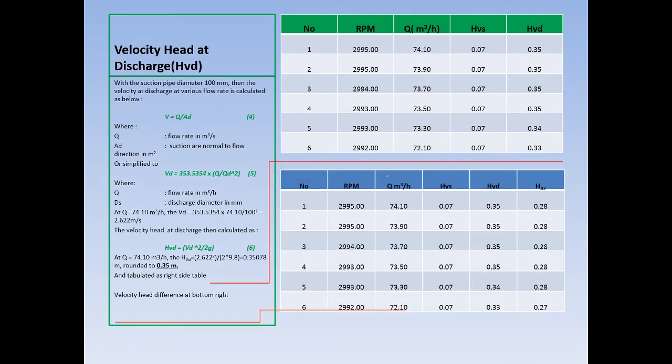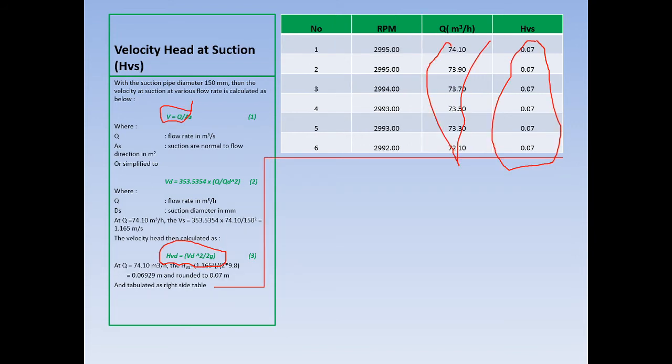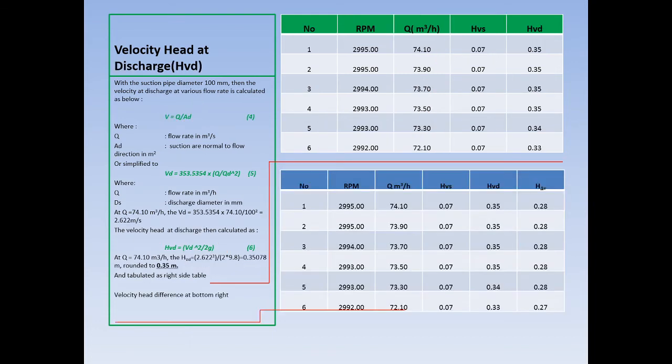Then you also have a velocity head at discharge, because the suction diameter is usually bigger than the discharge. So the velocity at the suction is usually lower than the velocity at discharge for the same capacity, of course, because the area is bigger at suction, so the flow is slower compared to the discharge.